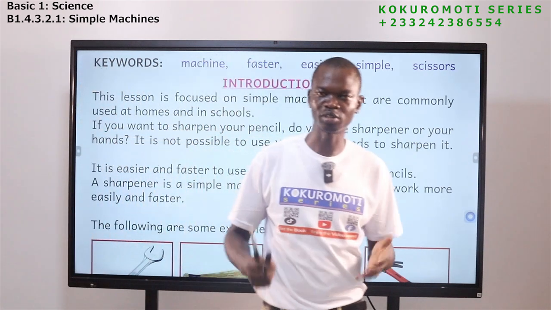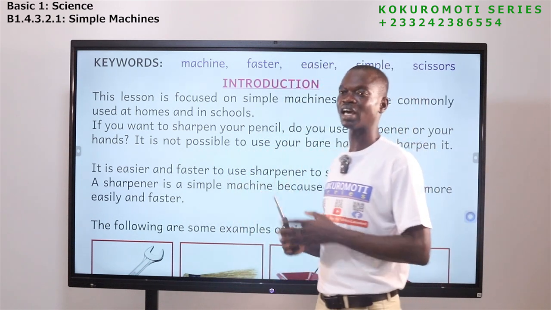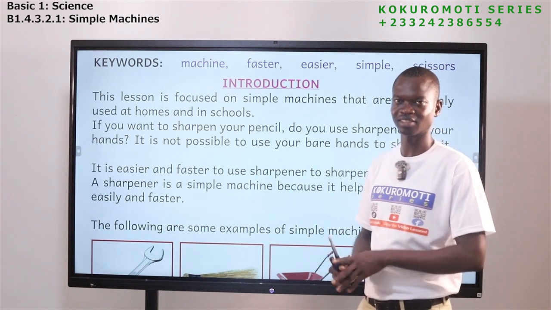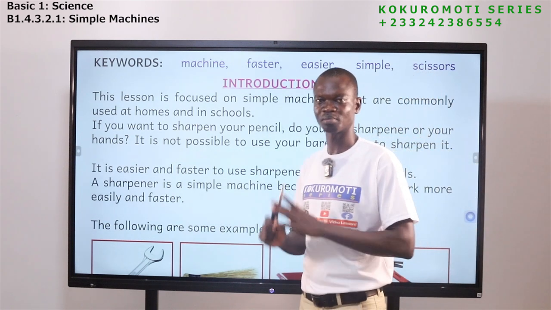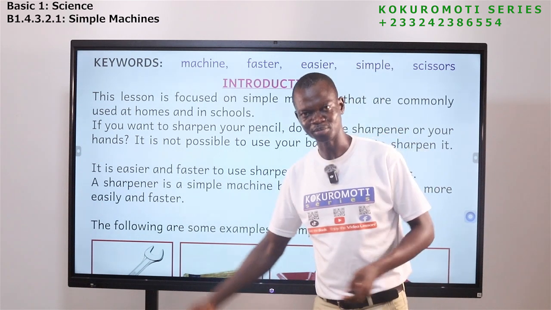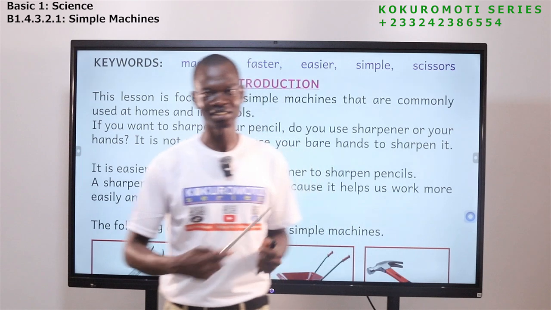These things are called simple machines. It will surprise you to know that even a broom is one of the examples of simple machines.